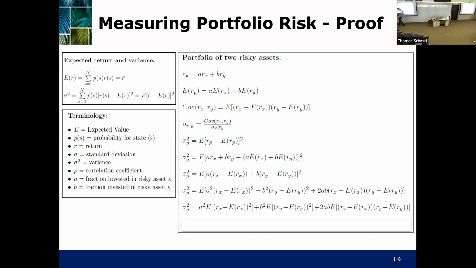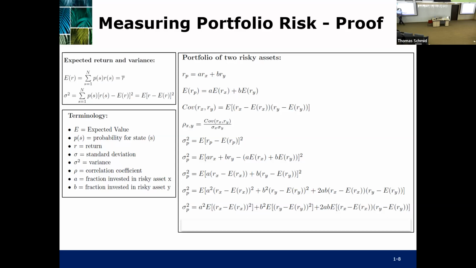What we do now, and something that we don't like too much, is that there is an expectation in front of the bracket that applies to everything within the bracket. So instead of writing the expectation in front of this large bracket, we bring it within the bracket, to make clearer what is actually going on. When we do that, we can put terms that are not affected by the expectation, deterministic terms, in front of the expectation.